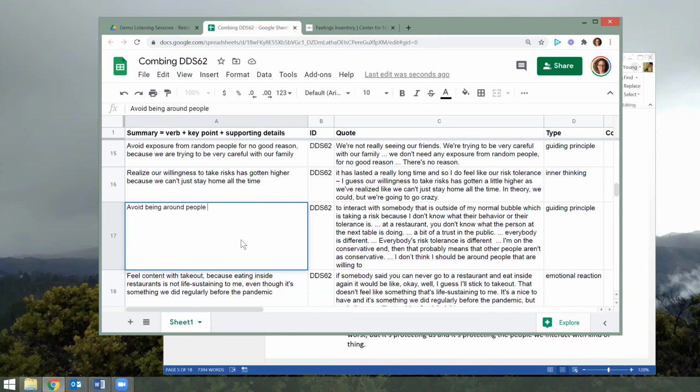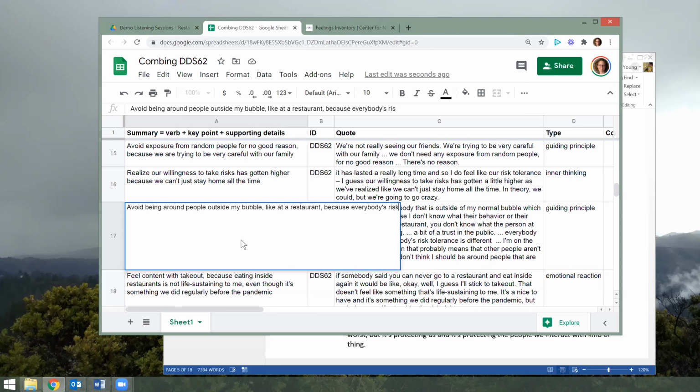So avoid being around people outside my bubble, like at a restaurant, because everybody's risk tolerance is different.